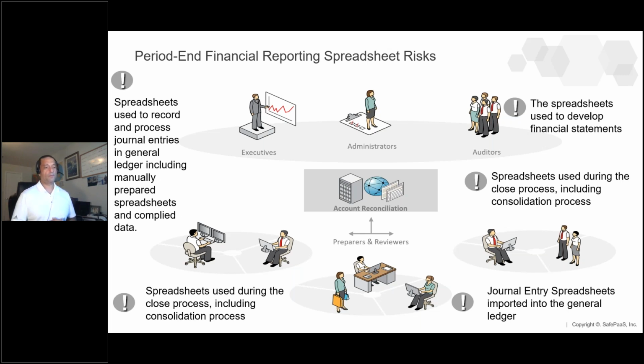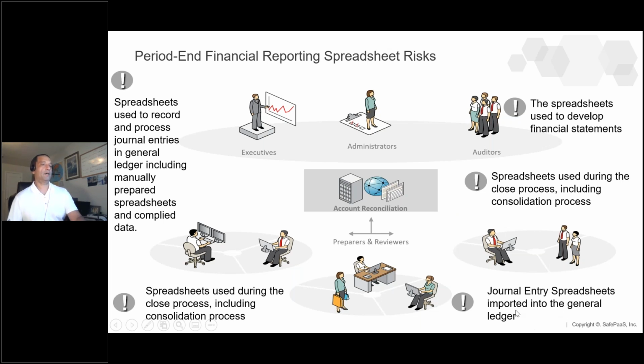Now you may be using consolidation systems and tools like Hyperion, and they have their own pieces of risk, which we also handle, and sometimes the data even in those consolidation tools is loaded from an ERP system using spreadsheets, or parts of that data like topside entries are processed through there. So customers are reporting that spreadsheets used in the close and consolidation process are causing some scrutiny from the audit, as well as risks that they're identifying in their own internal audit.